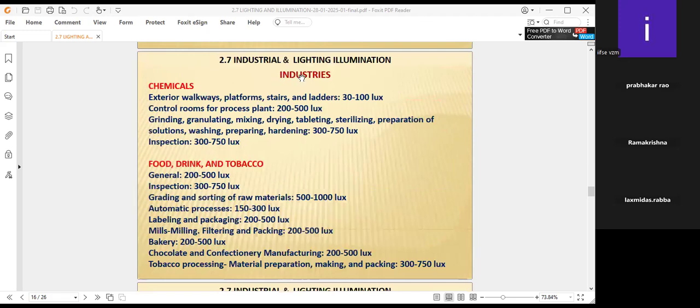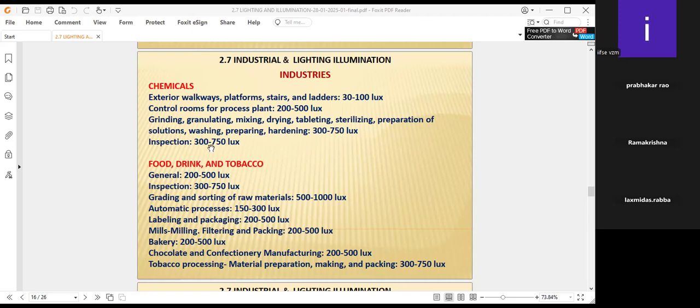And the industries: chemical, food and drink and tobacco. Exterior walkways, platforms, stairs, and ladders 30 to 100. Control rooms for process plant 200 to 500. Grinding, granulating, mixing, drying, tableting, sterilizing, preparation of solutions, washing, preparation, and hardening with respect to the chemical industry, 300 to 750.